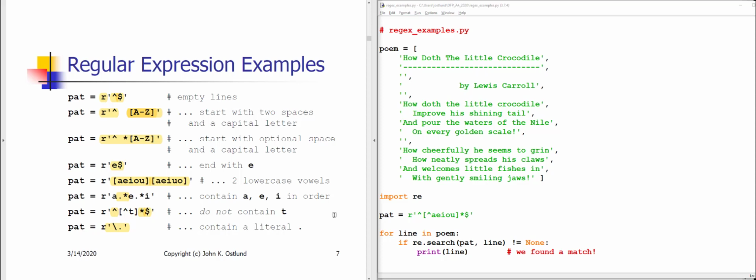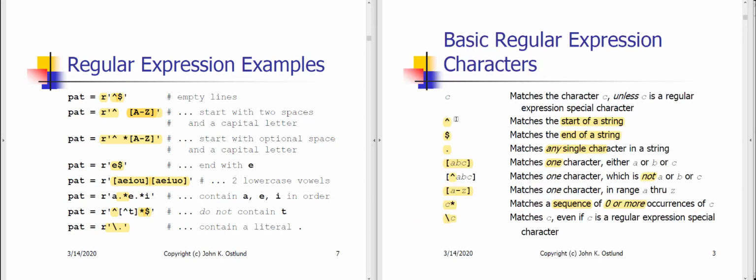Okay, so that is the set of basic regular expressions. So we've looked at the beginning of line anchor, the end of line anchor, dot that matches any 1 character. Dot is often used with star to mean any number of any characters. But star is also sometimes used with things like the space character to indicate optional sequences of spaces.